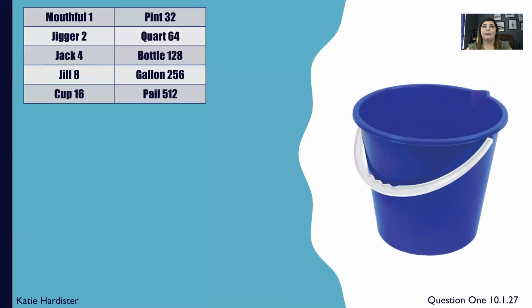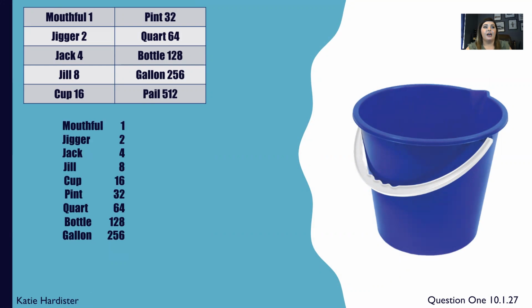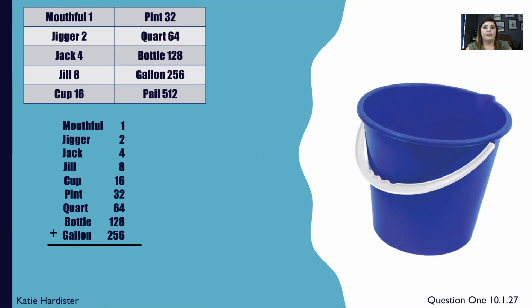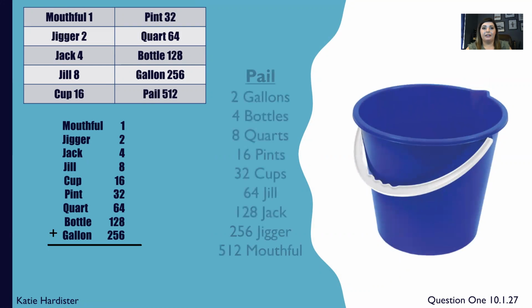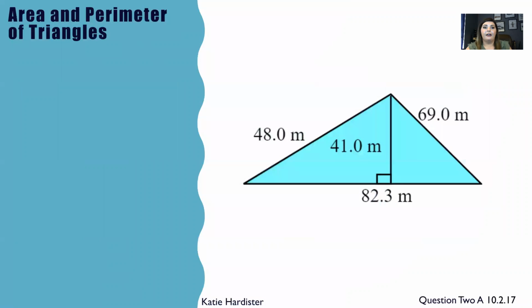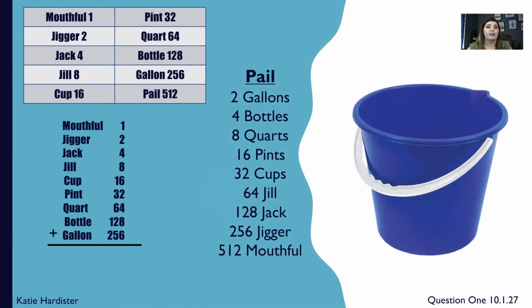So using that same bucket again, with the information that we just learned, if we added all of those up and we put them into our bucket, we would have 512 mouthfuls.